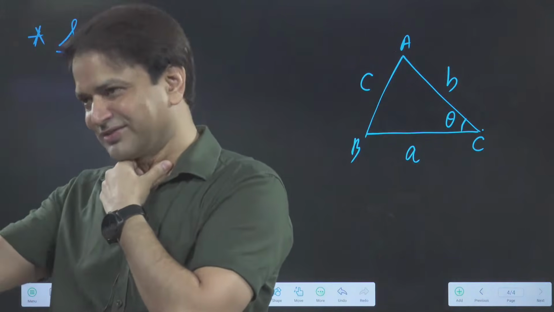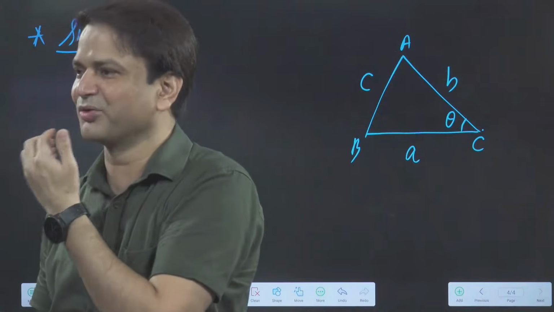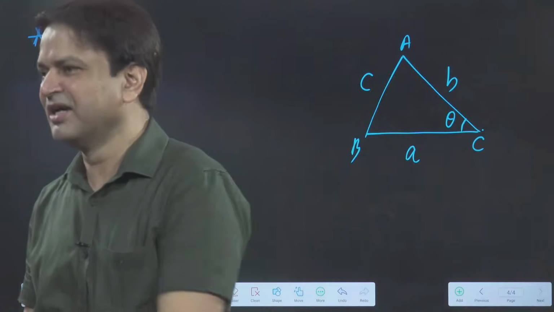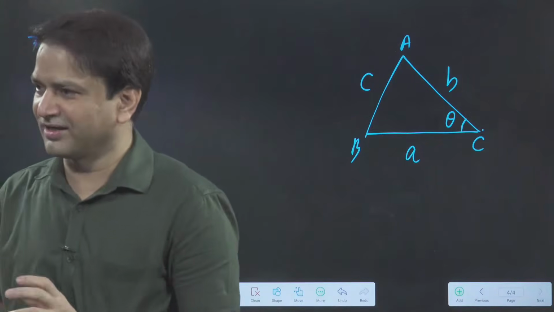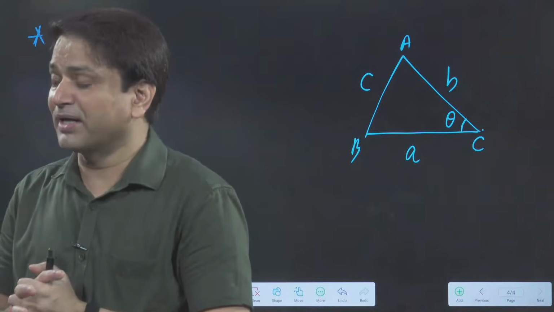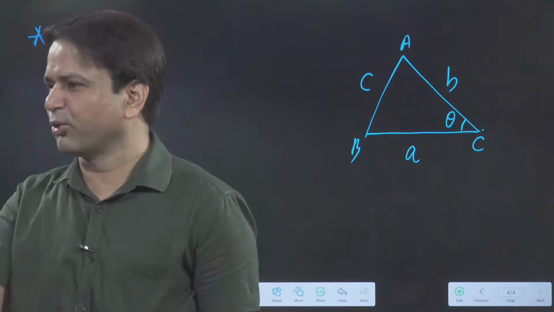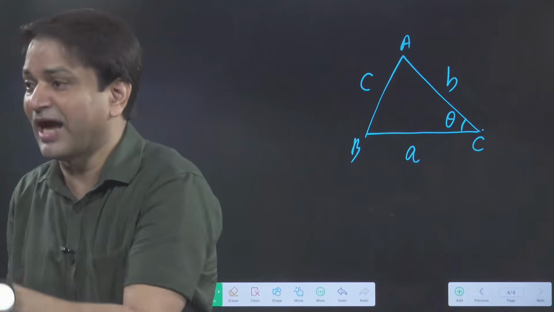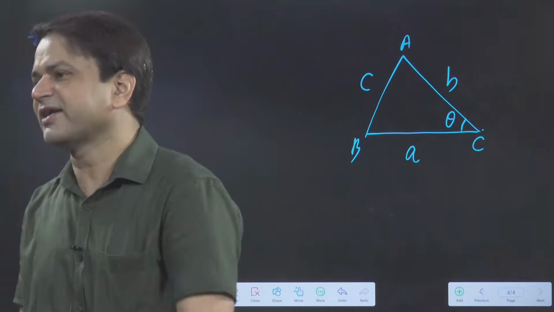Then suddenly this question came to my mind, and for the last 8 years I am getting the same answer. So whoever is saying C by B, that is incorrect. The formula is okay, but one thing they forget: hypotenuse is defined only in a right angle triangle, but here it is a right angle triangle.